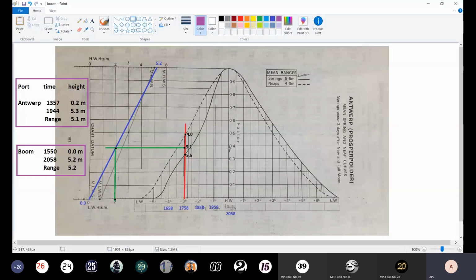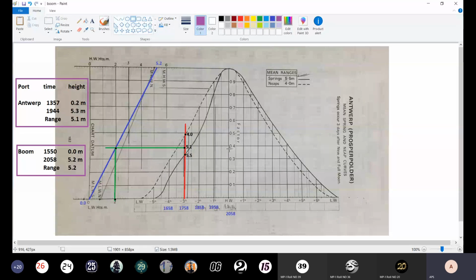So 0.38 of 5.2. So low water, you add that and you will get 2 meters. So that is another way of doing it. But this sloping line is quite good. If you don't want to use sloping line, then you can use the factor method. Because you'll get the same answer approximately.